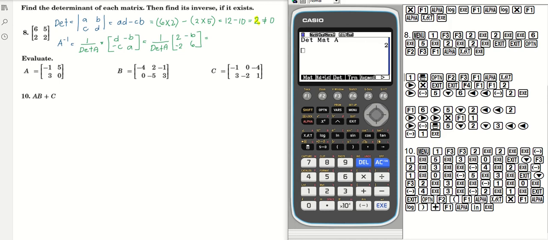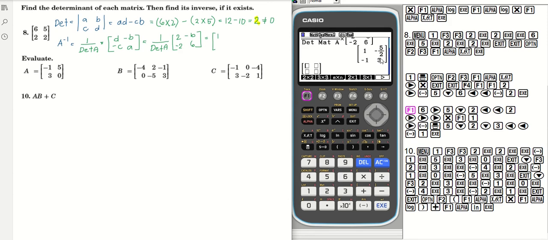So let's press our calculator. 1 over determinant, which is the determinant of matrix A, which is 2, multiply the arranged elements of the matrix A. Enter the elements, which are 2, minus 5, minus 2, and 6. And then execute.